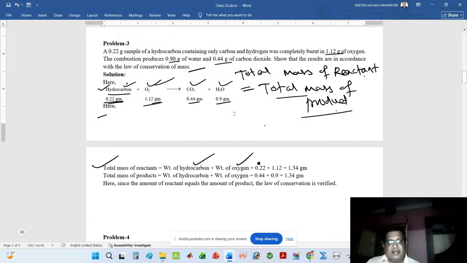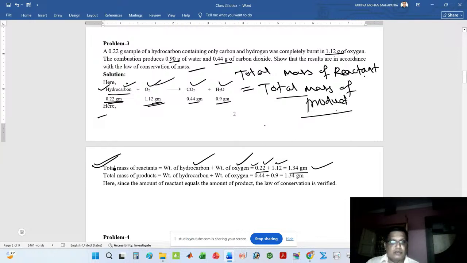So here I can write equal to 0.22 plus what amount of oxygen is used? That is your 1.12. So the total mass of the reactant is equal to 0.22 plus 1.12. If you add both, then 1.34 gram of the reactant is produced.